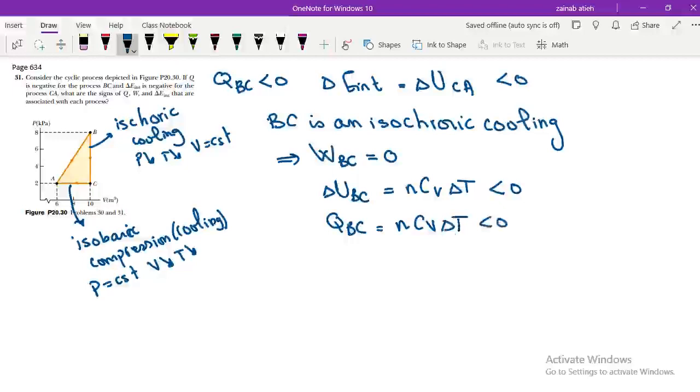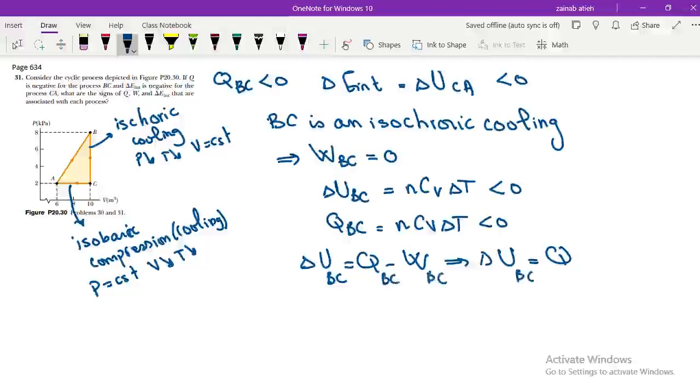If we apply the first law of thermodynamics, delta U equals Q minus W, and W will be zero, so delta U is equal to Q. This is for BC, both of them negative because they have the same formula, nCV delta T.